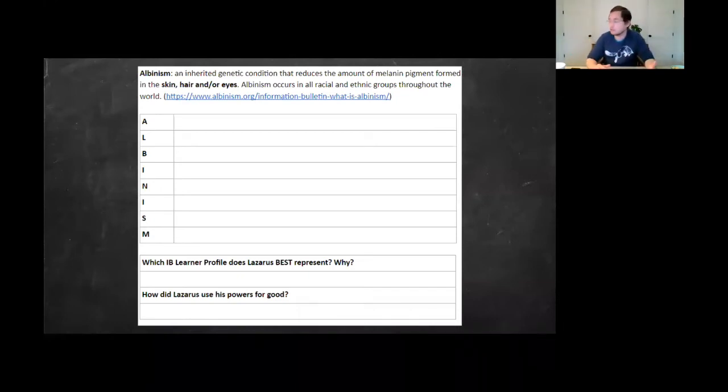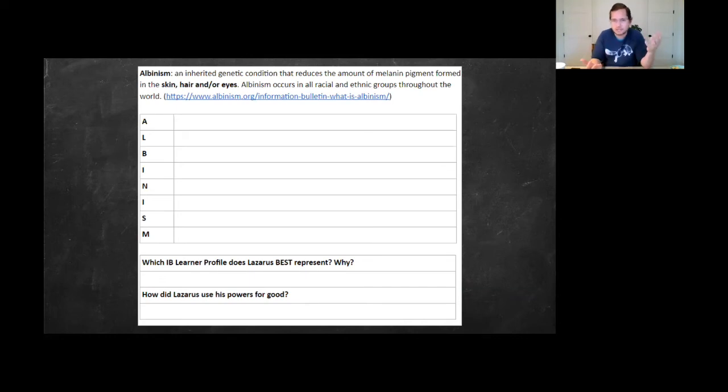Again, the IB learner profiles are what we value as an IB World School: fostering the development of global citizens that have each of these learner profiles within them, and growing our students in those areas. Some of them are inquirers, risk takers.